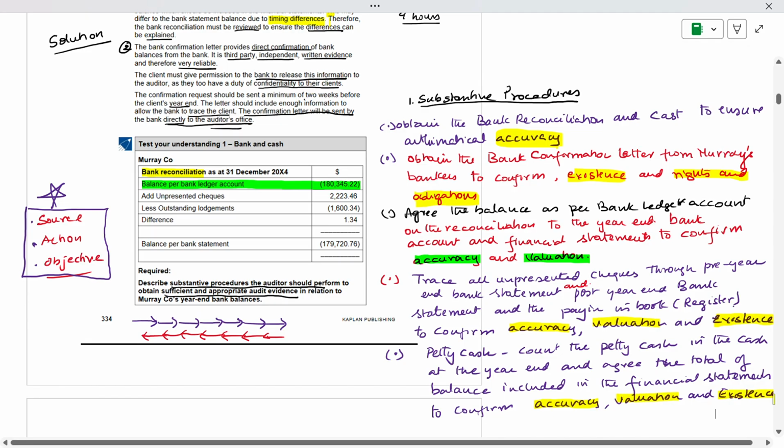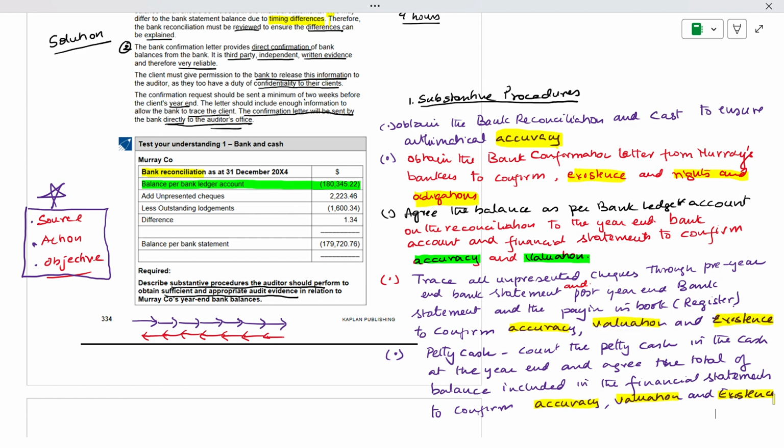Now, as Jasim is asking, you can write anything, but the most important thing is there will be a source, there will be an action, and there will be an objective. The last one is the objective, to confirm. The source means you are counting.